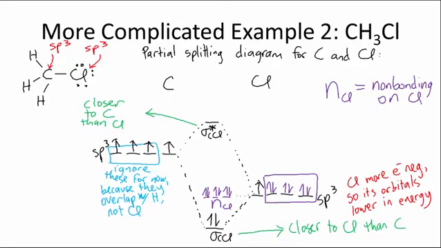Another way to designate them would just be to say chlorine lone pairs. So sometimes you'll see them just called ClLP for chlorine lone pair. But when you have orbitals that don't overlap with anything, those just stay right in the middle.